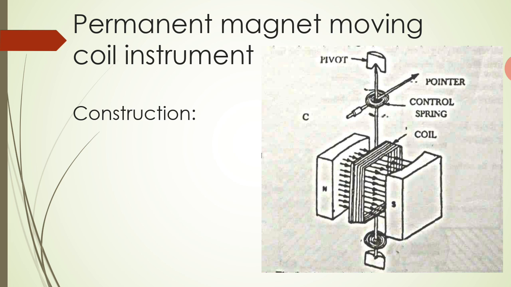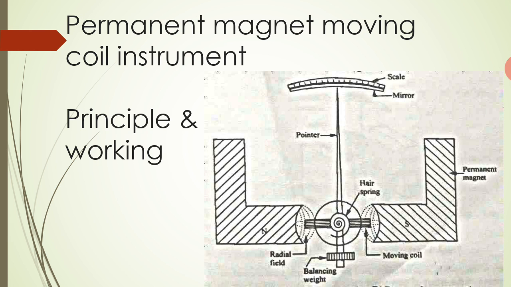The controlling torque is provided by two springs which also lead the current in and out of the coil. The two springs are wound in opposite directions for neutralizing the effect of change in temperature.